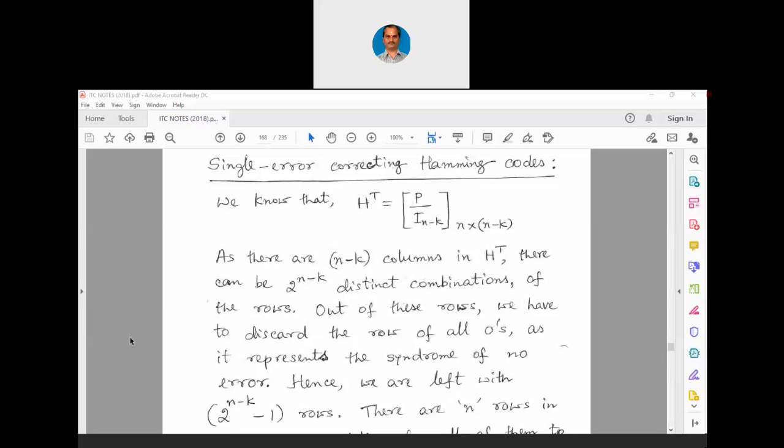So we have to discard the row of all zeros, as it represents the syndrome of no error. Hence we are left with 2 power n minus k minus 1 rows.